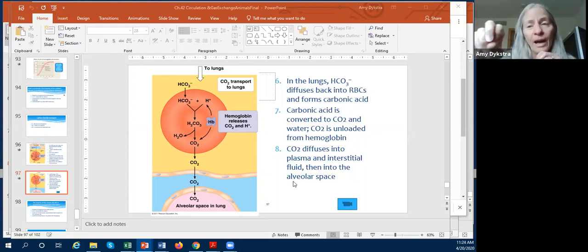From the lung capillary, that CO2 will diffuse into the alveolus. From the alveolus, it'll go into a bronchiole, into one of the bronchi, and then into the trachea, and up through the larynx and the pharynx, and out the mouth or nose. So that's the whole pathway. I want to know all of that stuff.